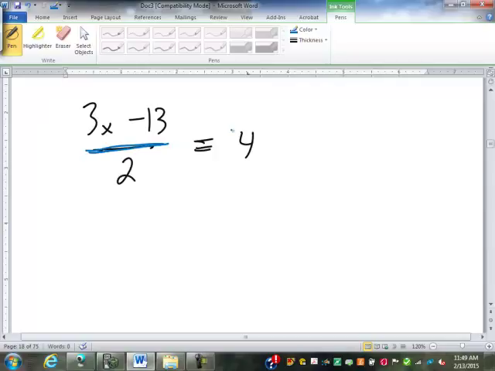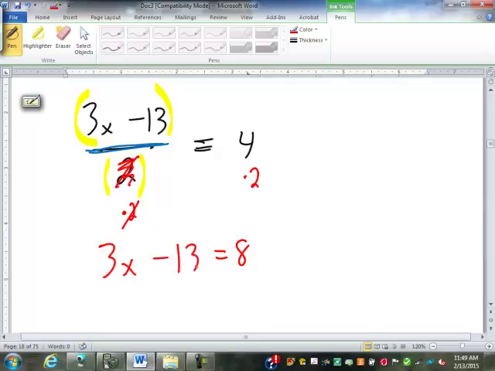Remember, when we were doing order of operations, that meant we had to do everything on top first, then everything on bottom, and then divide. So the last thing that was done in building this equation was to divide by the 2. So to take it apart, we have to start by multiplying by the 2. So 4 times 2 is 8. On this side, all it does is remove that dividing by 2, so we have 3x minus 13.